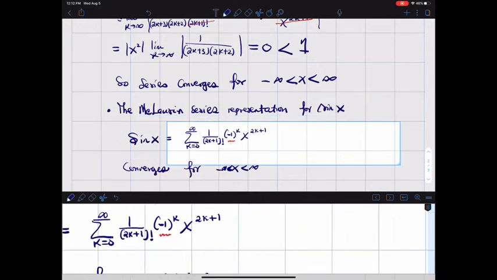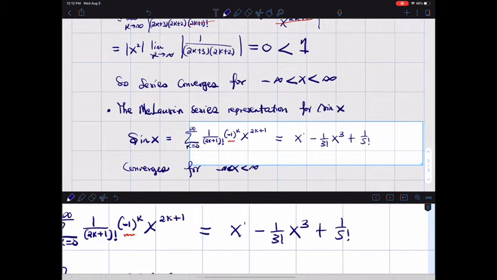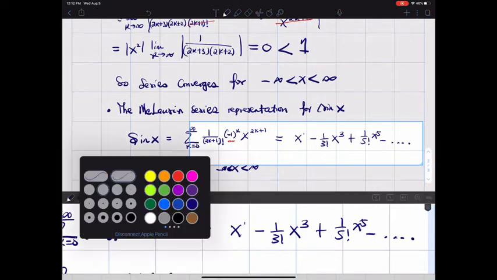So remember that this is just the same thing as x to the power of 1 minus 1 over 3 factorial x cubed plus 1 over 5 factorial x to the 5th minus ... All right. So what is this saying?